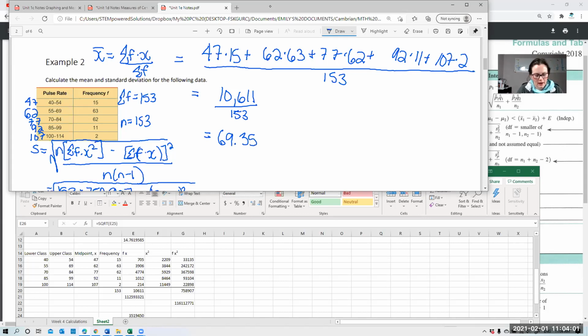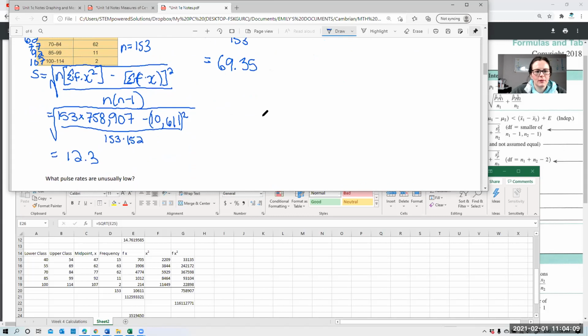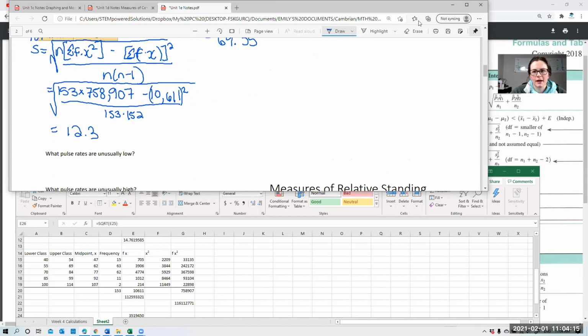So we know what our mean is, and now we know what our standard deviation is. Now we can determine what pulse rates are unusually low, and what pulse rates are unusually high.